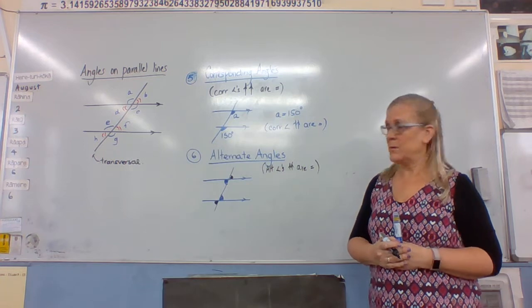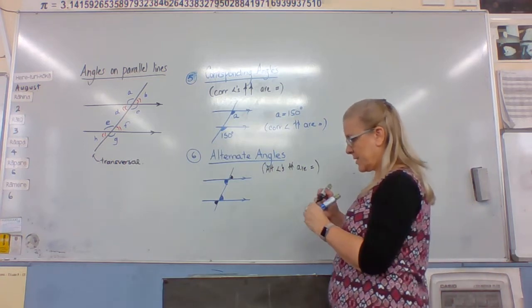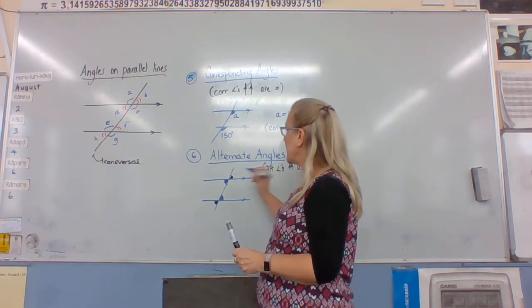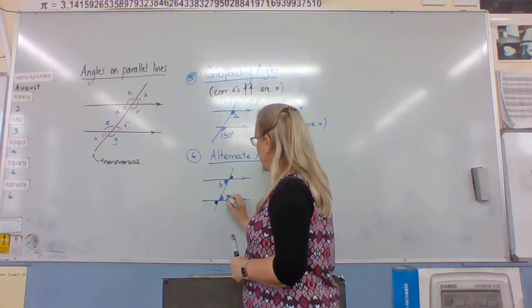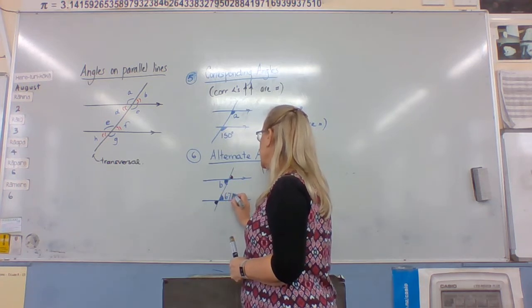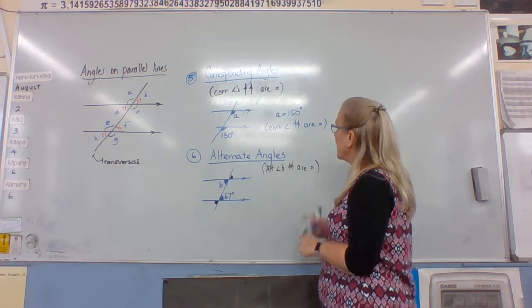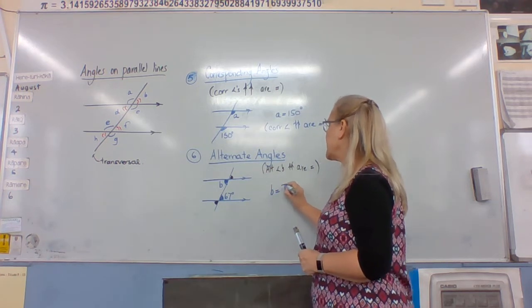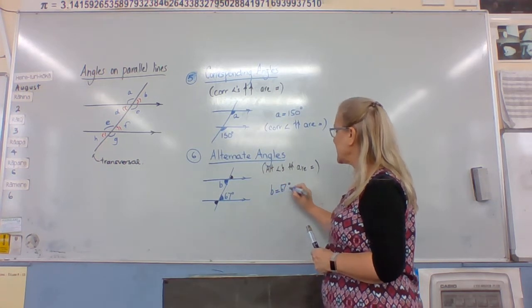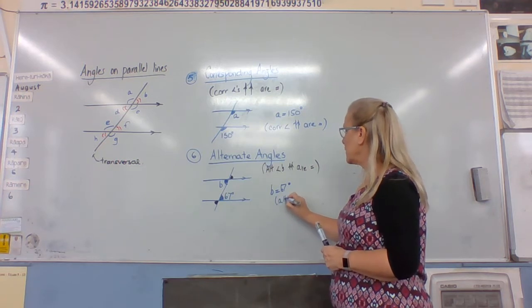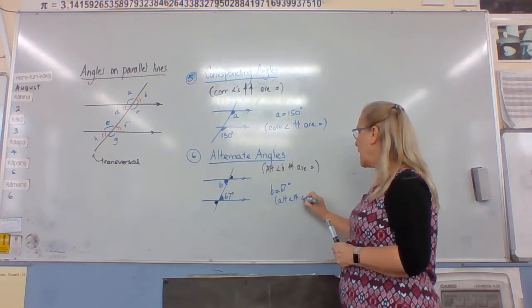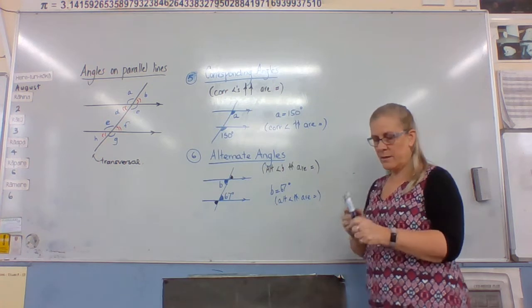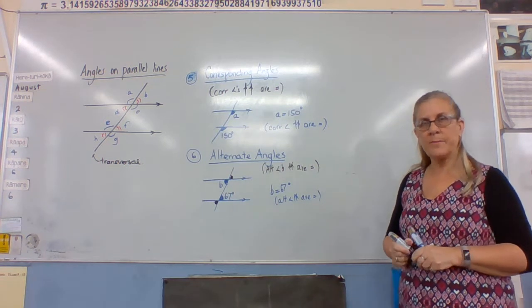Okay, they look equal. So therefore, if this angle here, B, and this is 67 degrees, we can write that B equals 67 degrees because alternate angles on parallel lines are equal. For our 2 marks, 1 for the reason.